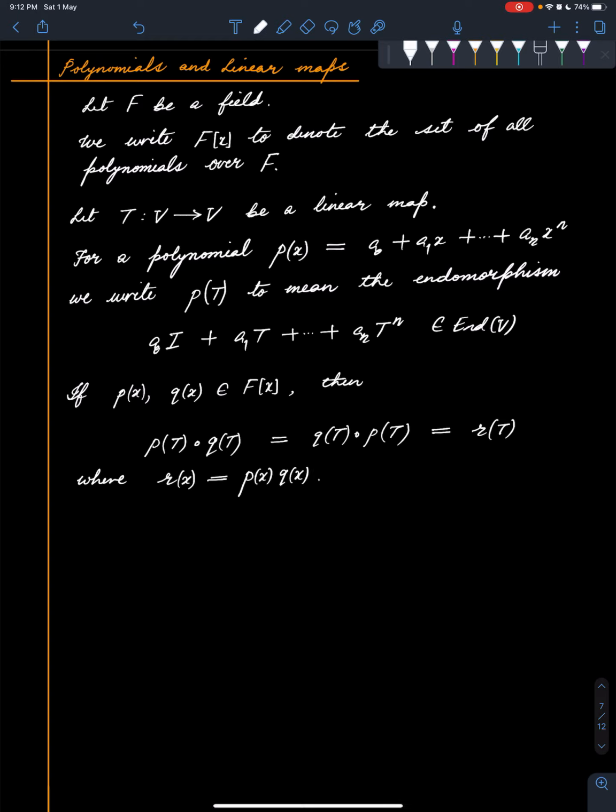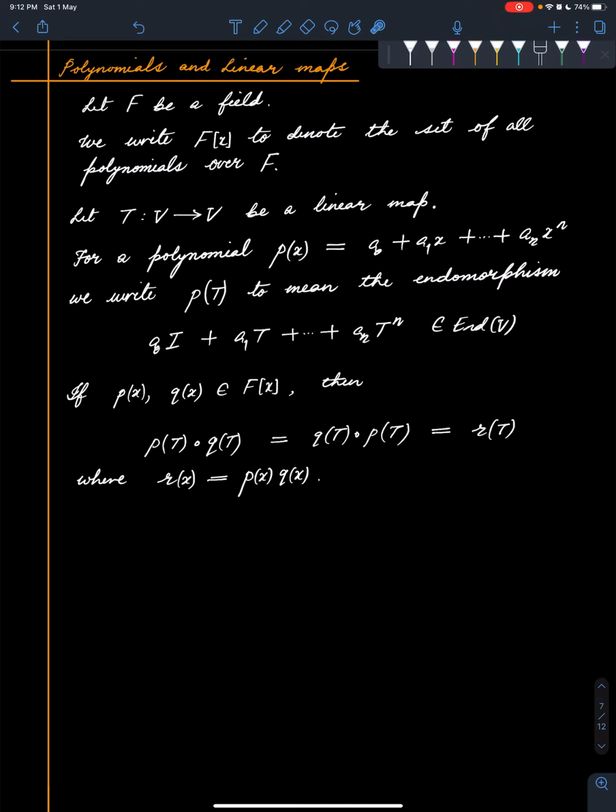So one can multiply polynomials. I'm sure we know the multiplication of polynomials from high school, so it's the same definition. All I'm saying is that this notation behaves very well with the usual operations of polynomial multiplication and addition that we've been familiar with since high school.